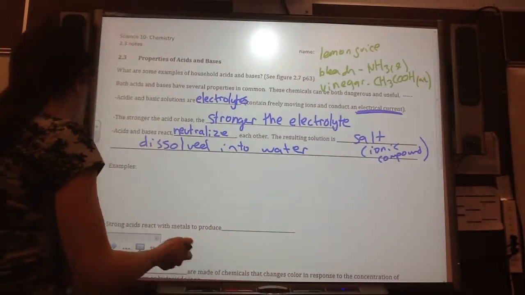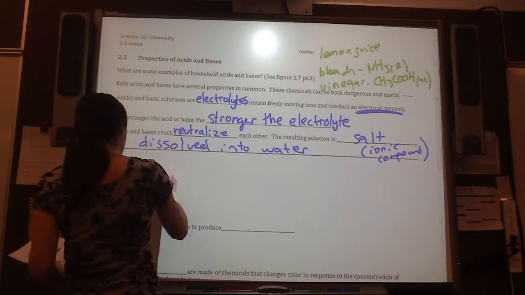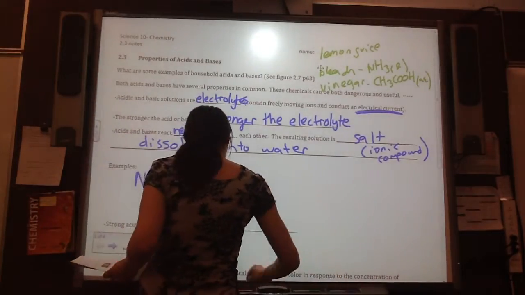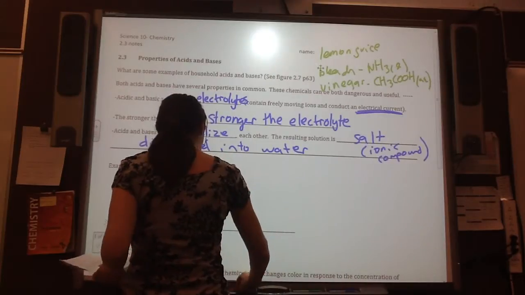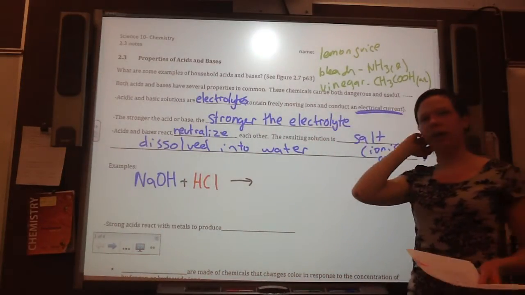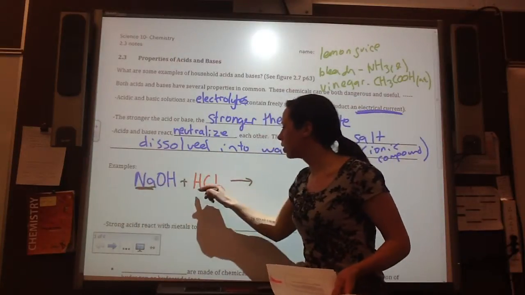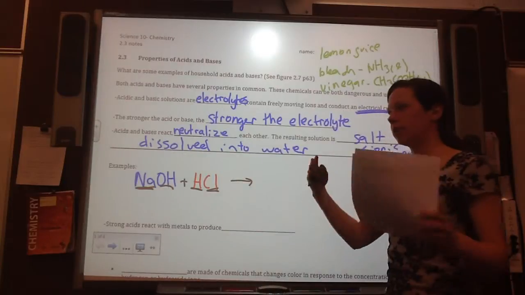So I'll give you an example. Say we put a base, which is like NaOH, with an acid, say a really strong one, HCl. We're going to get, and I'll teach you this more later, but we switch the ions around.